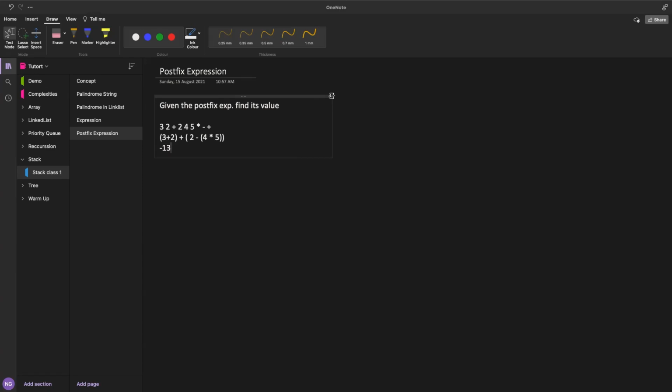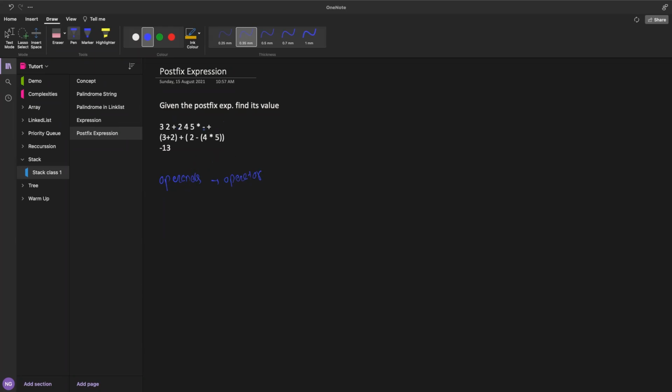There are three types. So we are given a postfix expression. First, understand what a postfix expression is. In the postfix expression, you have operands, and then the operator follows them. Normally, the mathematical expressions we see generally are infix, in which the operator is present between the operands.